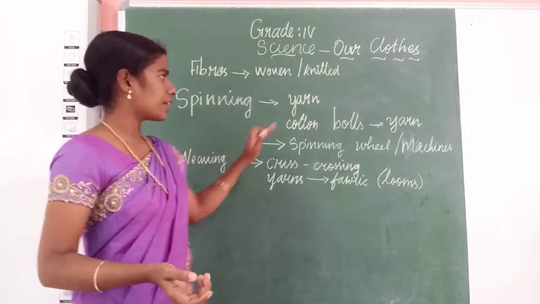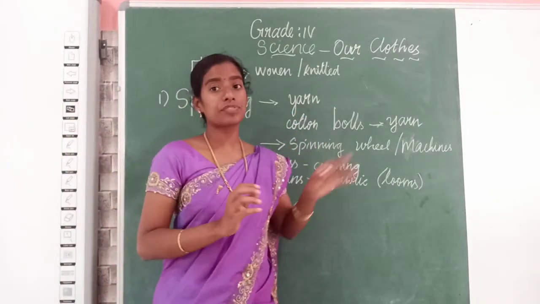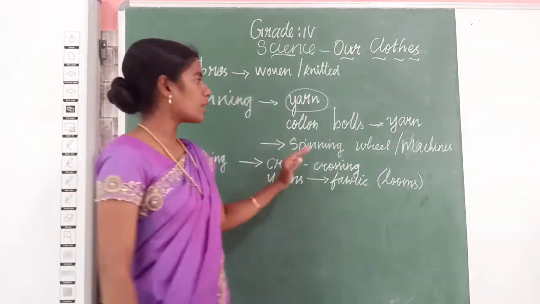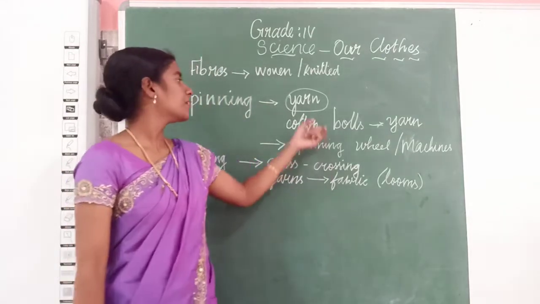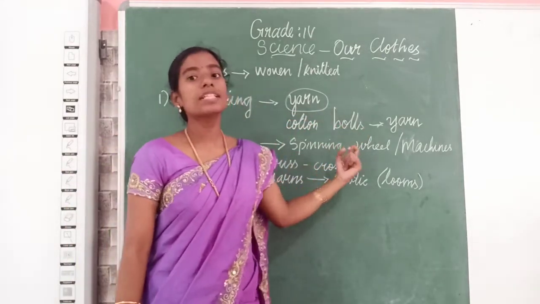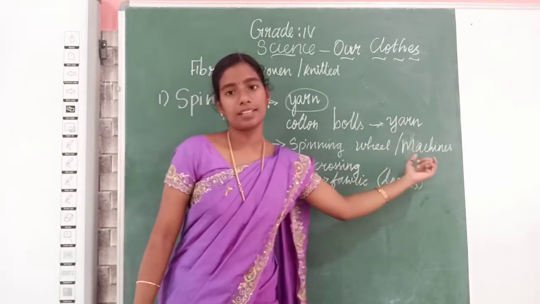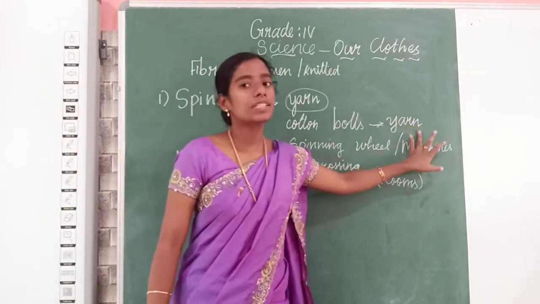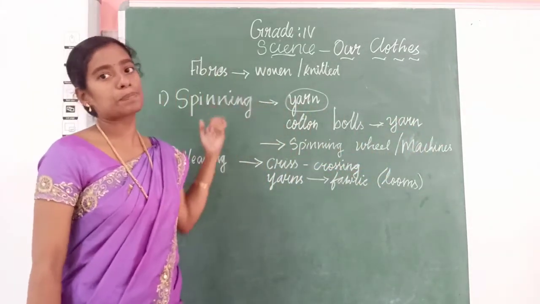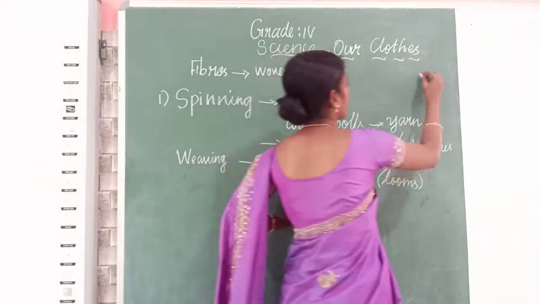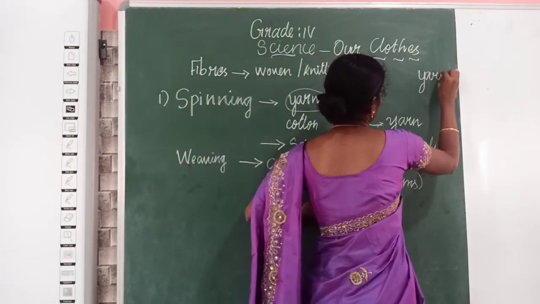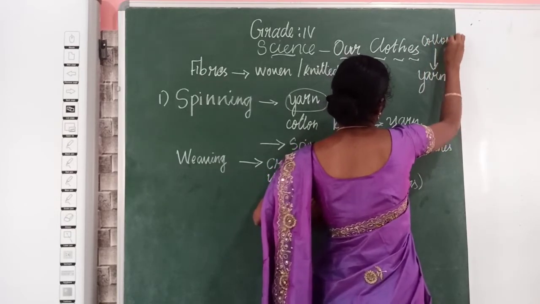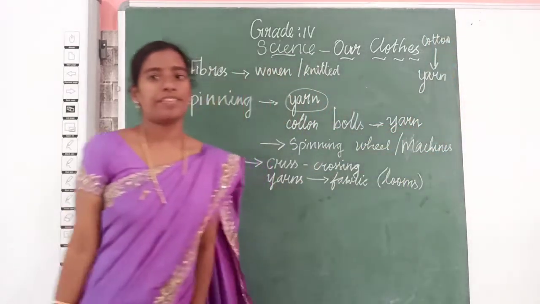The result of the spinning is we get yarn. The cotton balls are changed into yarn. The output of this spinning is yarn. So first we are getting yarn from cotton. So this is the first step.